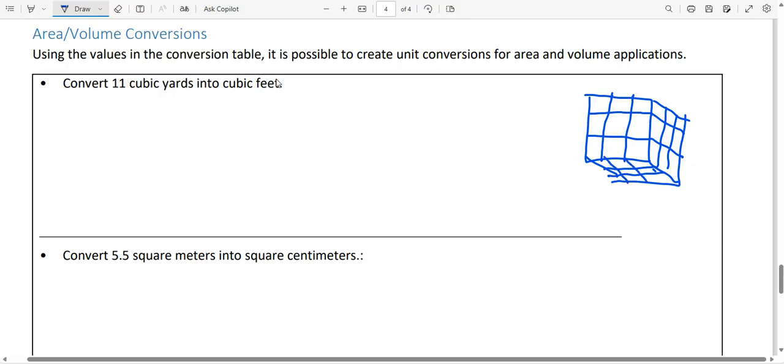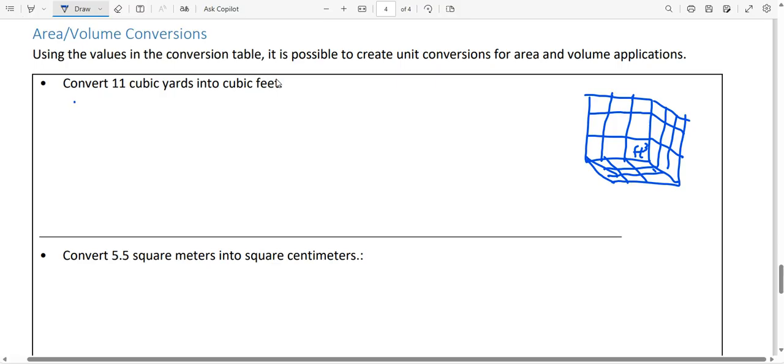There are a whole bunch, so that's a little cubic foot. There are a whole bunch of cubic feet in a cubic yard. So without having to draw this type of shape every time, we really want to have a nice way to use the conversion table values to get these, in this case, cubic, so volume conversions.